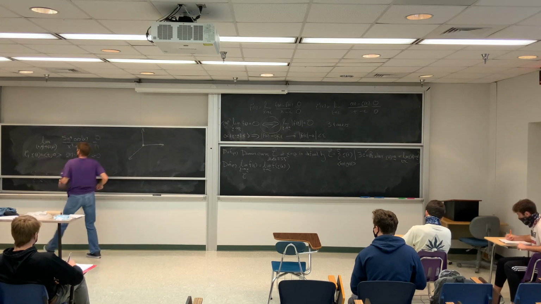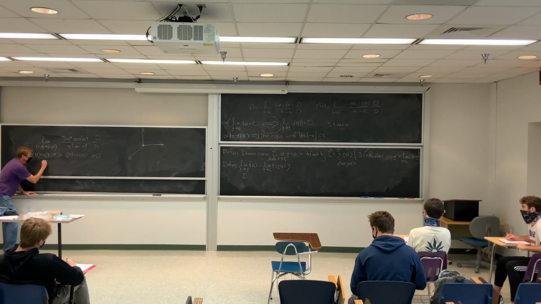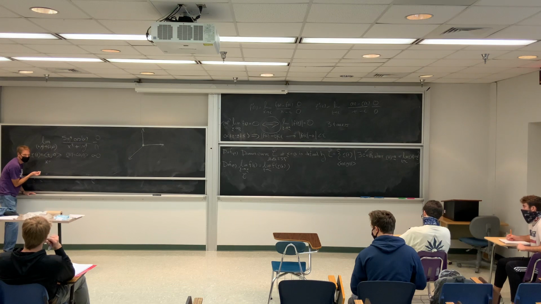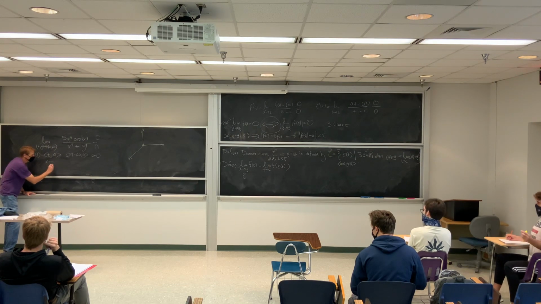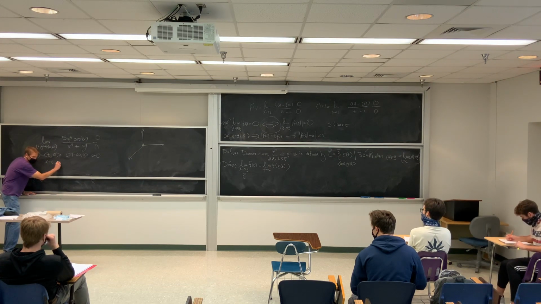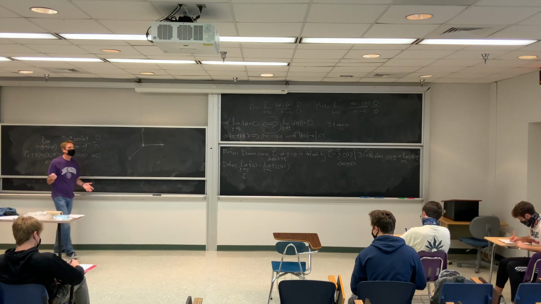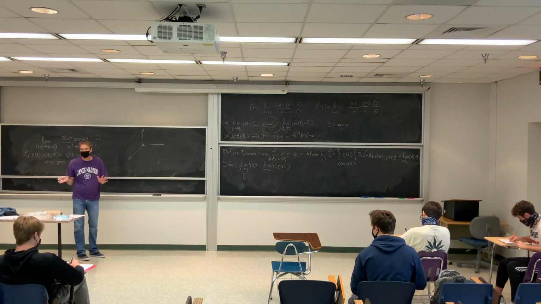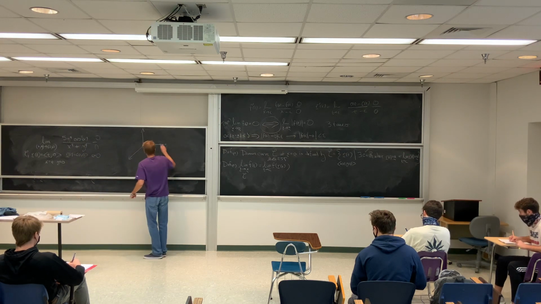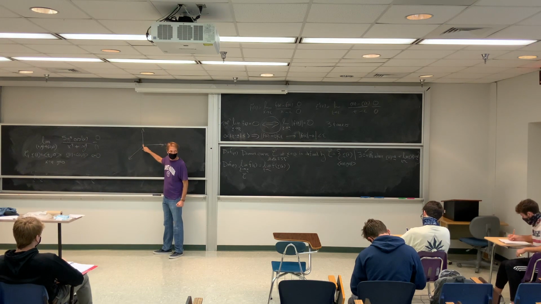Okay, now if I look at this, x of t is equal to what in this case? T. And y of t is equal to what in this case? 0. So y is always 0, and x is t.